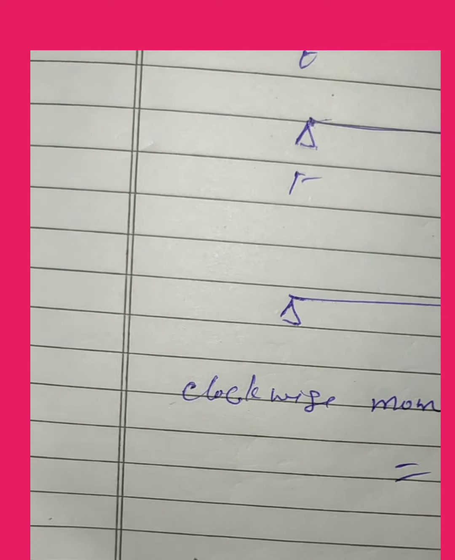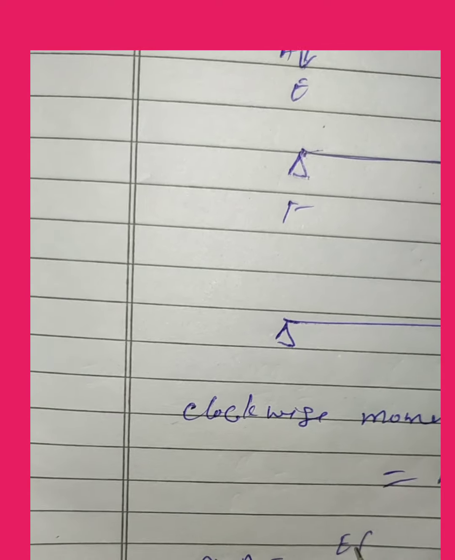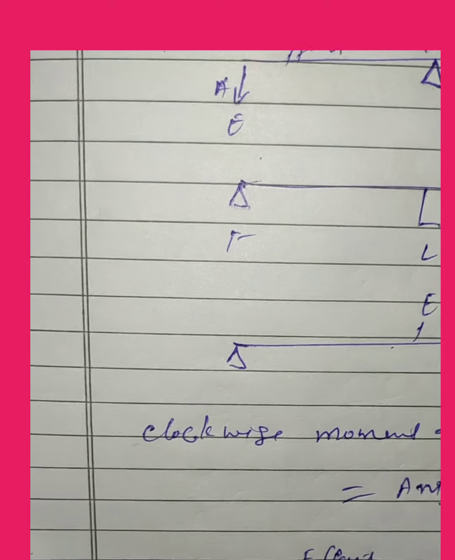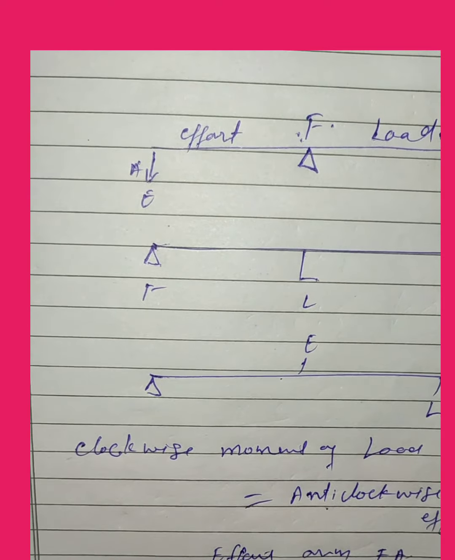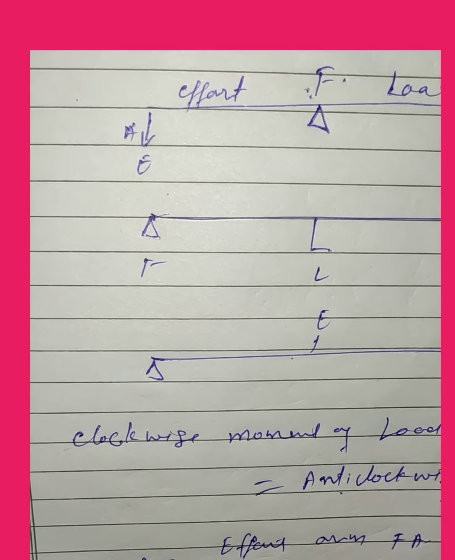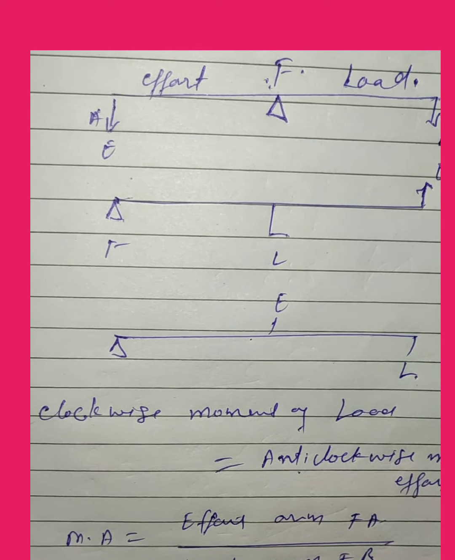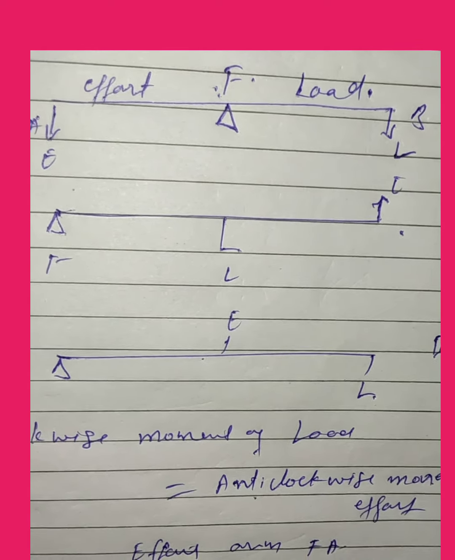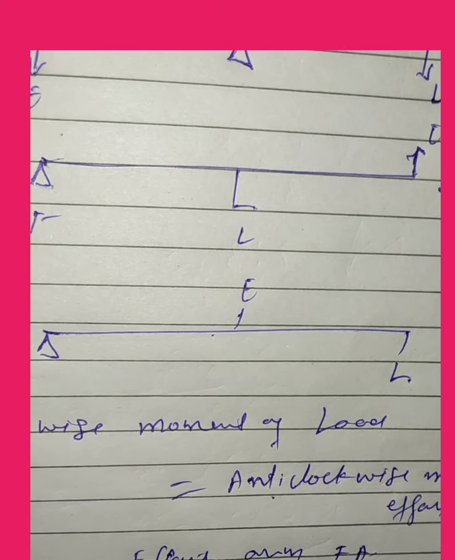So overall we can say that mechanical advantage is equal to effort arm FA over load arm FB. Thus the mechanical advantage of a lever is equal to the ratio of the length of its effort arm to the length of its load arm.